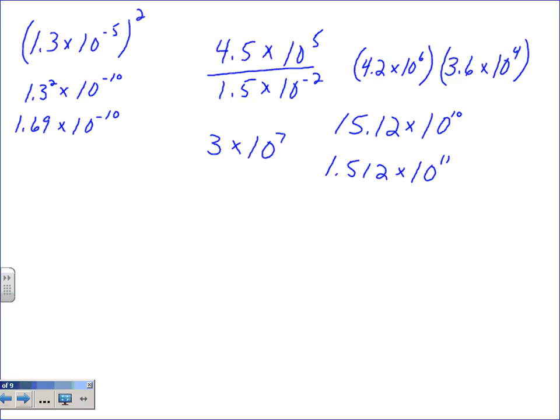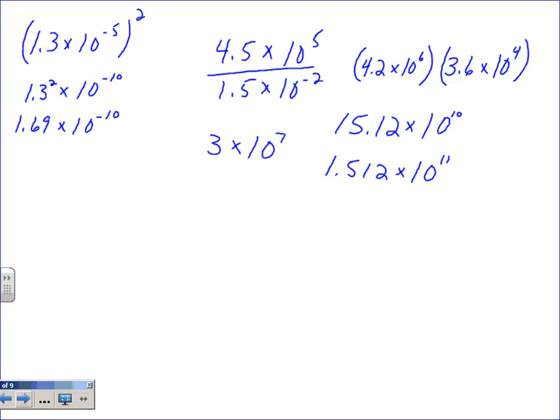Another way to do the problem is to go to your calculator and type 4.2 times 10 raised to the 6th, close parentheses, open up another parenthesis, 3.6 times 10 to the 4th.